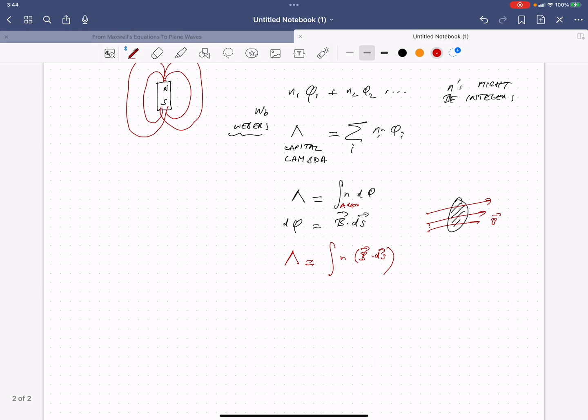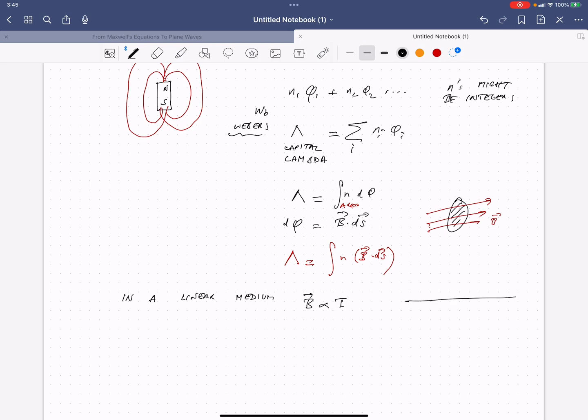And in a linear medium, B is proportional to current.